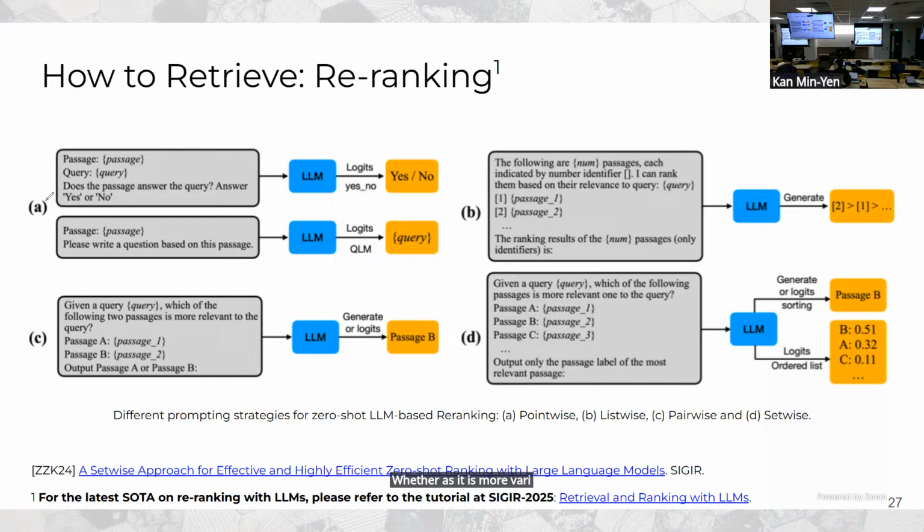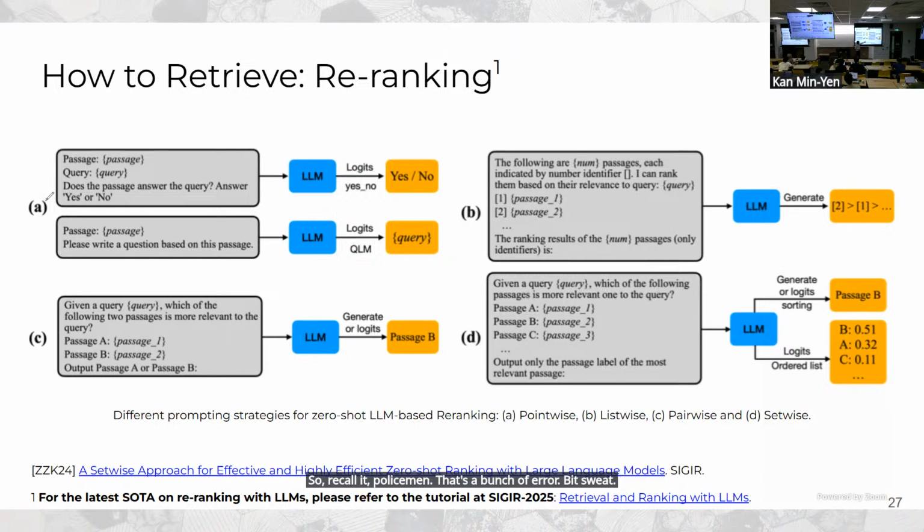That's pairwise, right? For figure B, this time we input all the candidate passages, maybe 10 or 100, and we ask the LLM to output the order directly. So we call it list-wise ranking. That's point-wise, pairwise, and list-wise re-ranking.